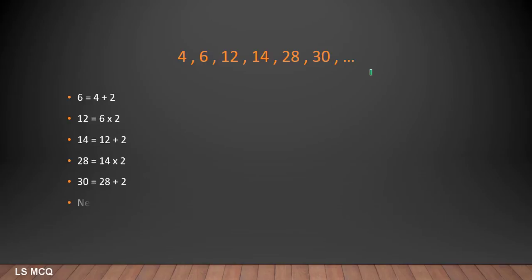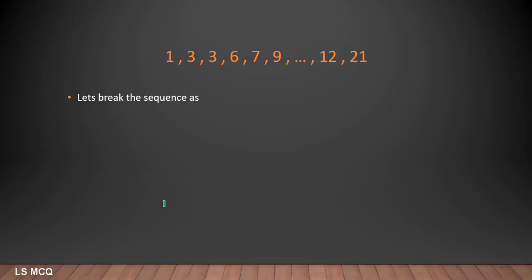So we add 2 and then we multiply by 2. The pattern is that we add, we multiply, we add, we multiply, we add, and then we multiply by 2.